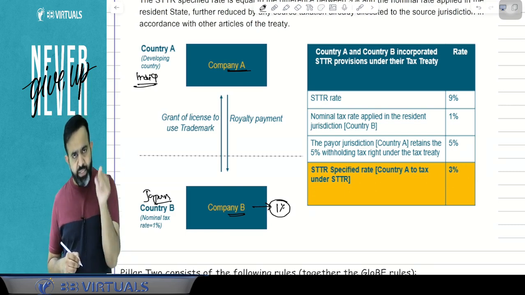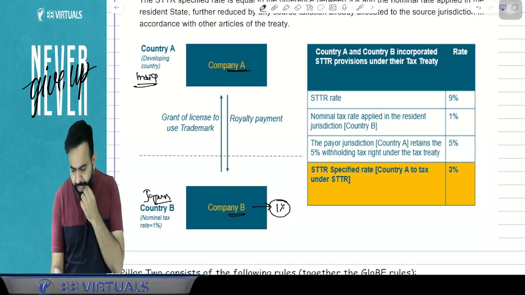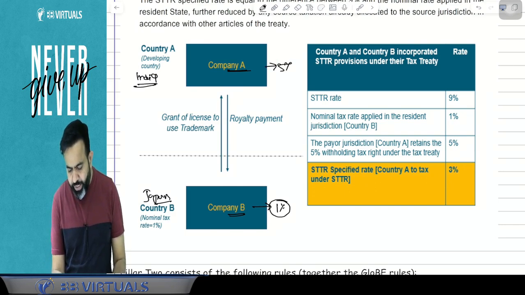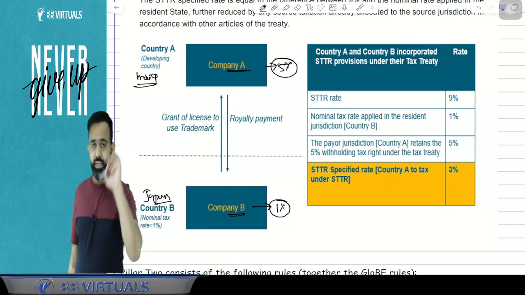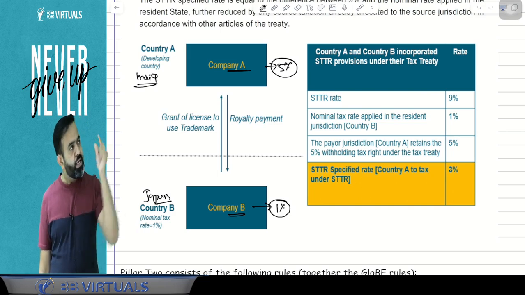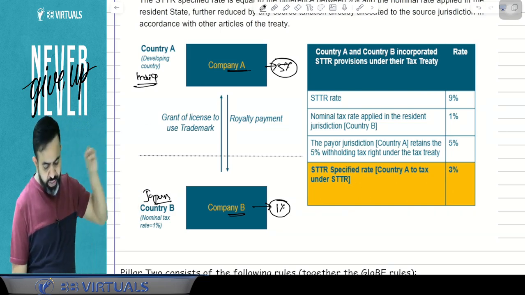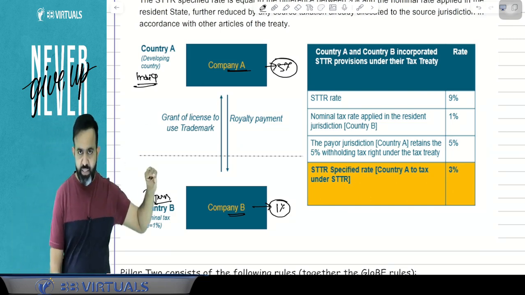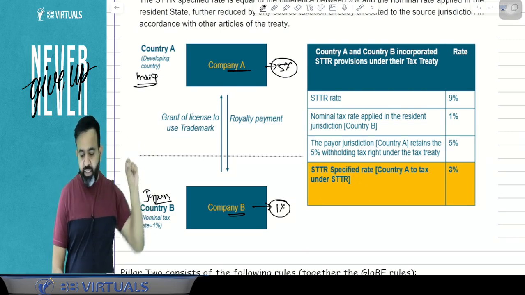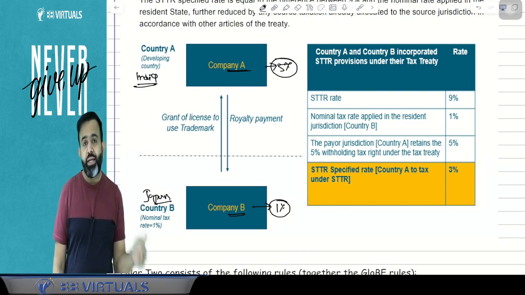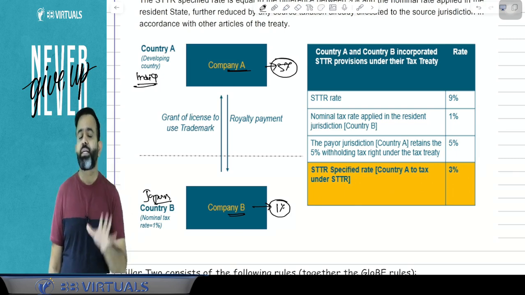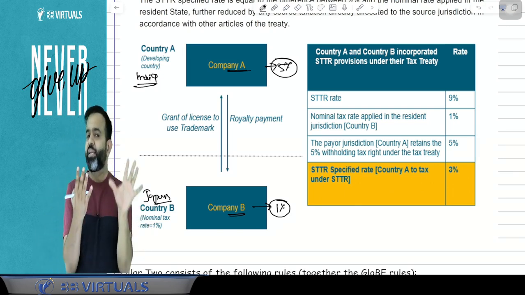And as per the tax law, suppose India is deducting the TDS only at the rate of 5%. So in Japan the royalty is taxable at the rate of 1%, and in India they deduct the TDS at the rate of 5%. Now here STTR says that the minimum tax should be 9%.